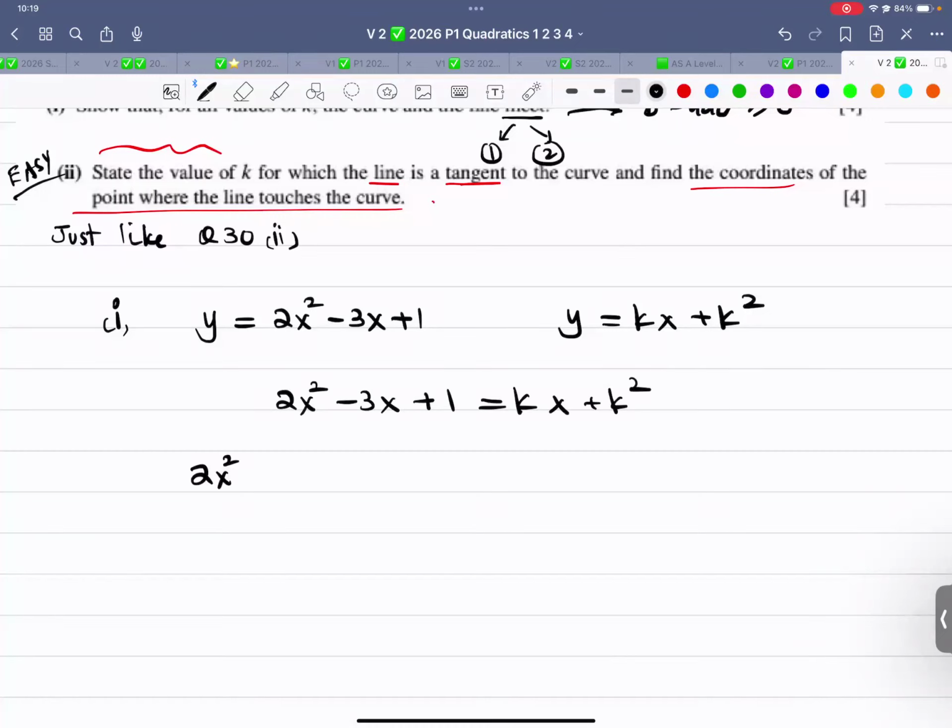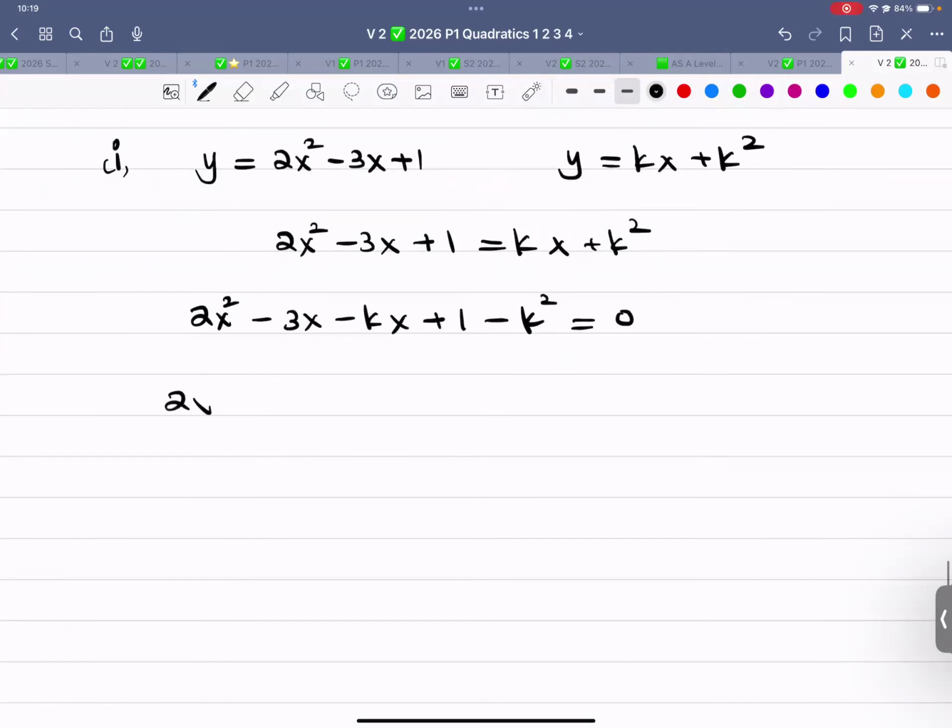2x squared minus 3x minus kx plus 1 minus k squared equals 0. So this is 2x squared minus (3 plus k), that is the coefficient of x, plus 1 minus k squared equals 0.